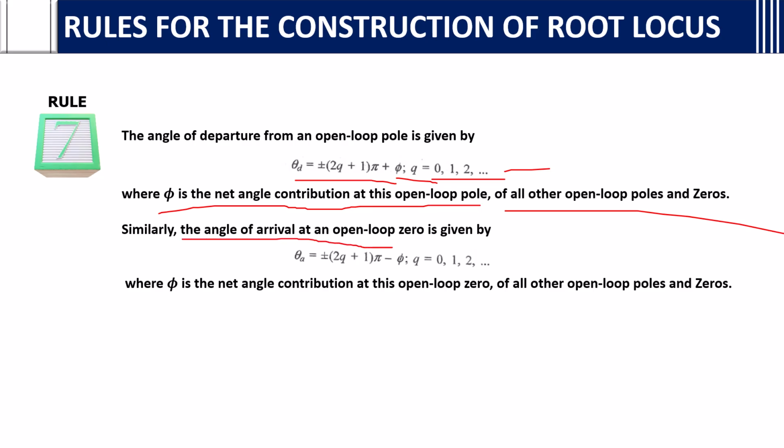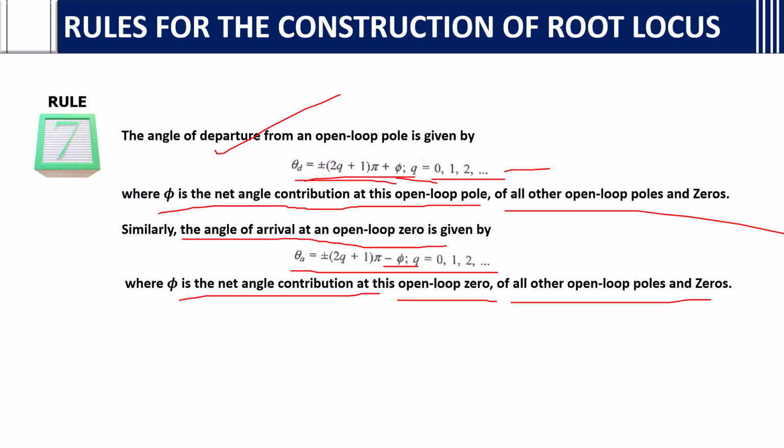Similarly, the angle of arrival at an open loop zero, theta A, is given by plus or minus (2q plus 1) into pi minus phi. Phi is the net angle contribution at this open loop zero of all the open loop poles and zeros.